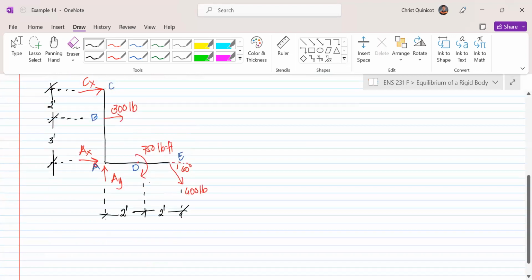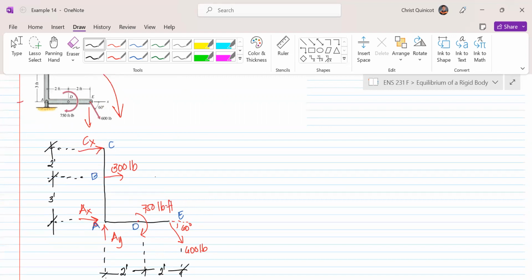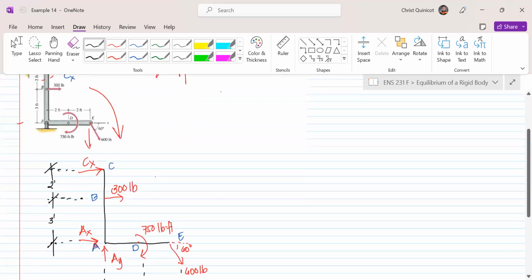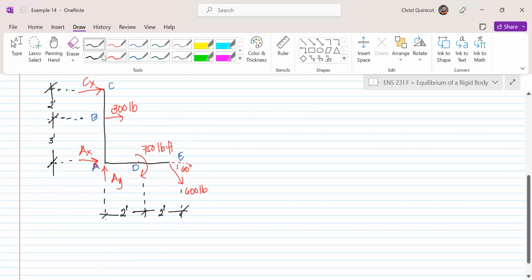Okay, so just like last time, if we are to do some force summation in either X or Y, we will have two unknowns for our X, and that is C sub X and A sub X. However, since only A sub Y has a Y component, we can do force summation in the Y. So let us do that.